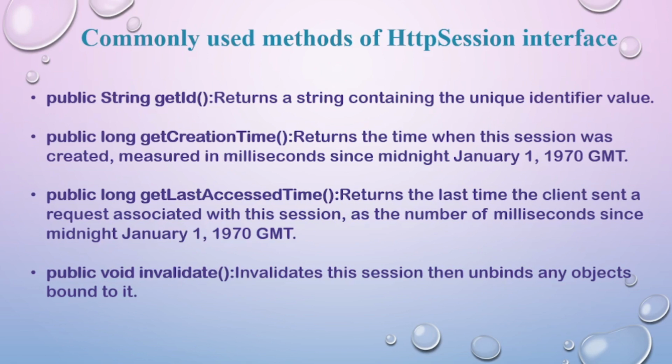Public String getId returns a string containing the unique identifier value. Public long getCreationTime returns the time when the session was created, measured in milliseconds since midnight January 1, 1970 GMT.